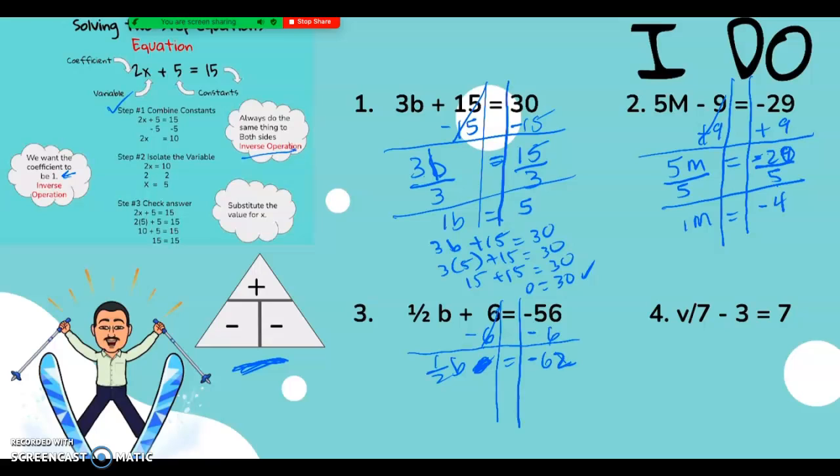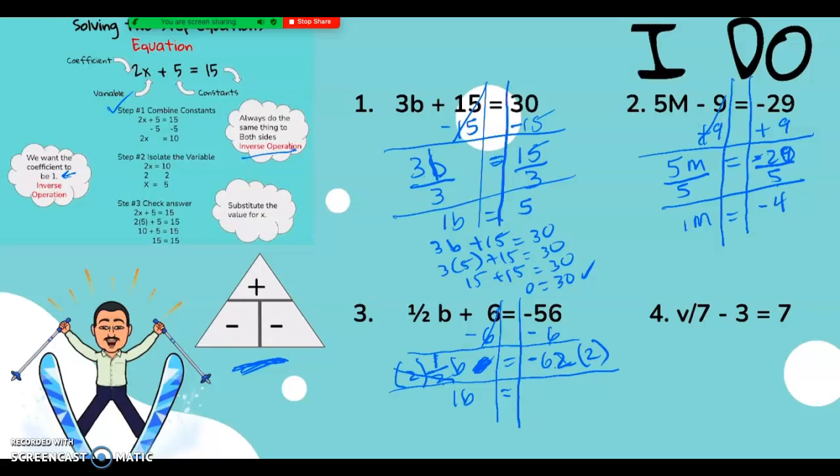Now remember that the fraction bar means division, and the inverse operation of division is multiplication. So I'm going to multiply this here by my denominator, which is 2. And what I do to the left side, I have to do to the right side. My 2's cancel out, and I'm left with 1b is equal to negative 62 times 2.